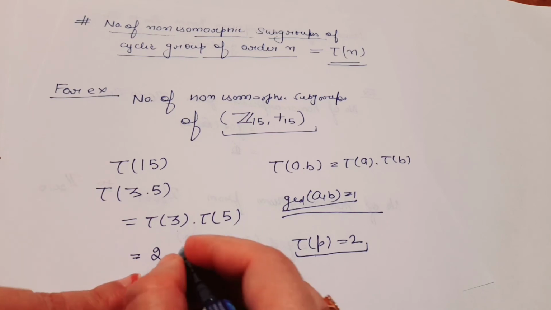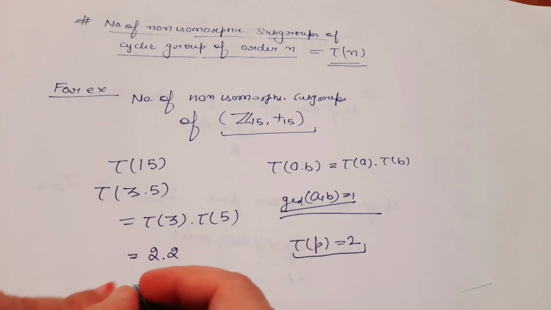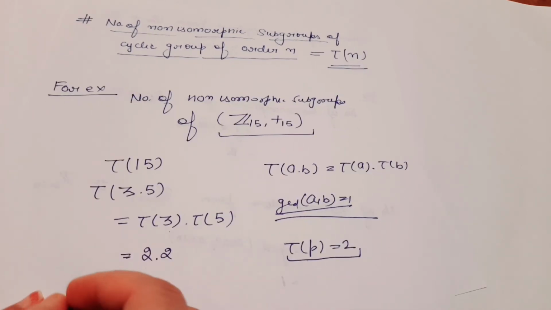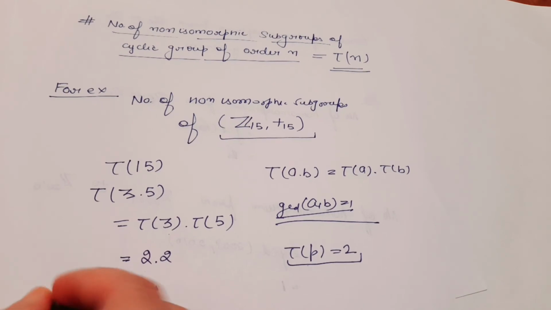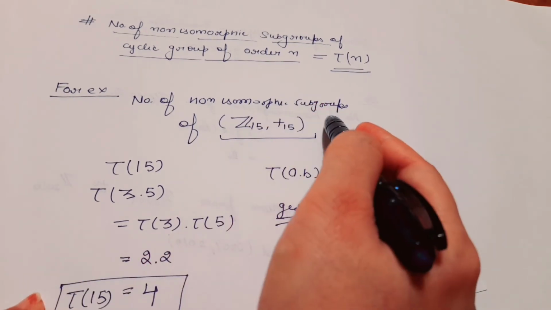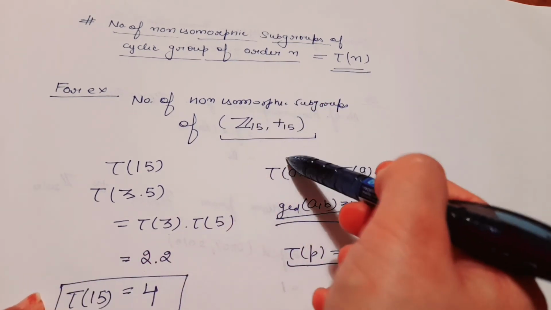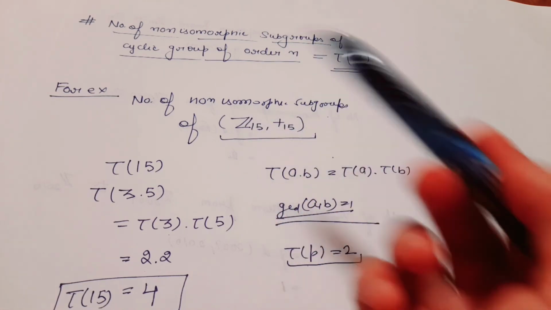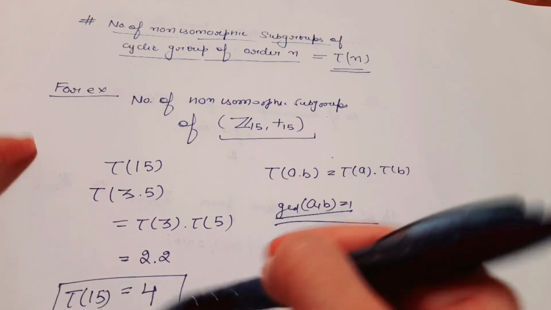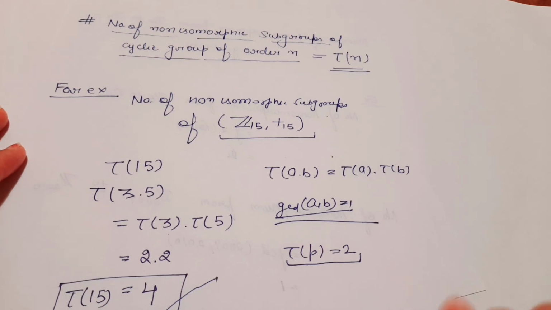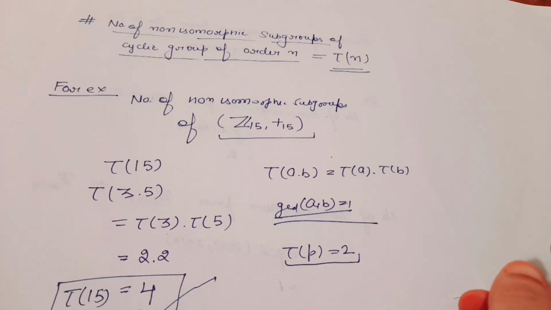So this is 2 and tau of 5 is also 2, so this is 4. Since Z15 is cyclic, the number of non-isomorphic subgroups or subgroups will always be 4. That is tau 15.